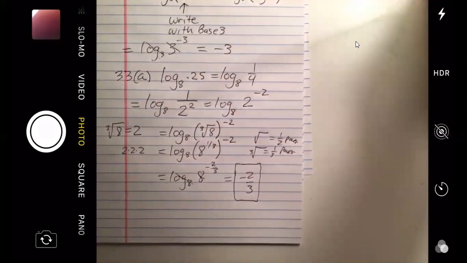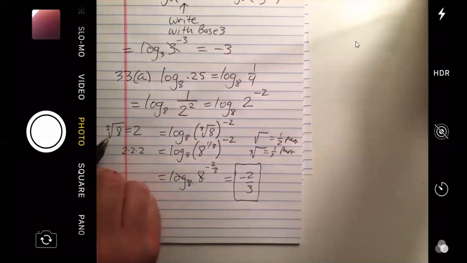Have you found any problems you want worked yet? No, but I was paying attention to that one. I'm so confused how you got to the 8 to the 1/3 power. This third root? Yeah.